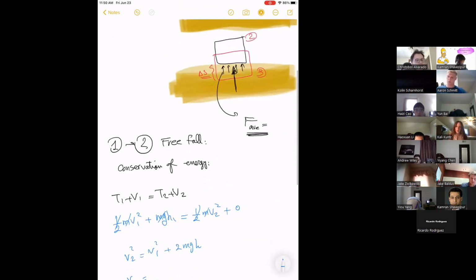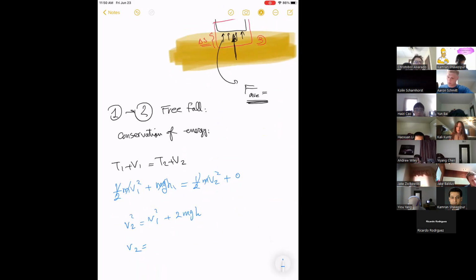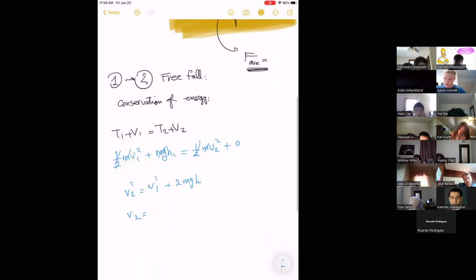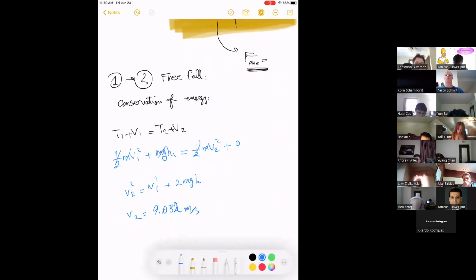2 meters. I think you get 9.081 or 82 meters per second. Did you guys get the same number? Oh, sorry, there's no M here. Oh, my bad. It should be 2gh.